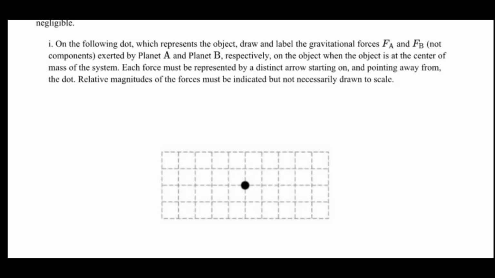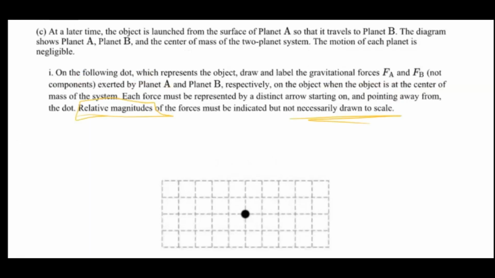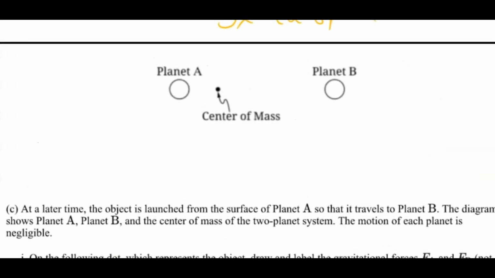Each force must be represented by a distinct arrow, and they have to represent the relative magnitudes, but not the scale. So the scale basically means it doesn't have to represent the value of each of the forces. However, in relation to each other, they have to have the same proportion. So let's see here. From what I can see, the center of mass is much closer to planet A than it is to planet B.